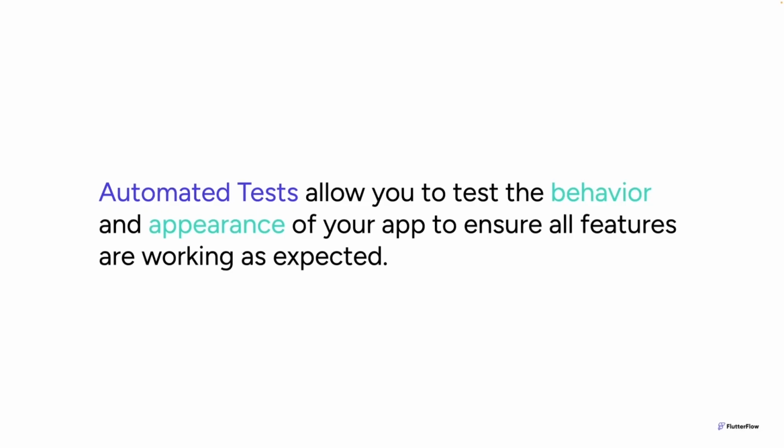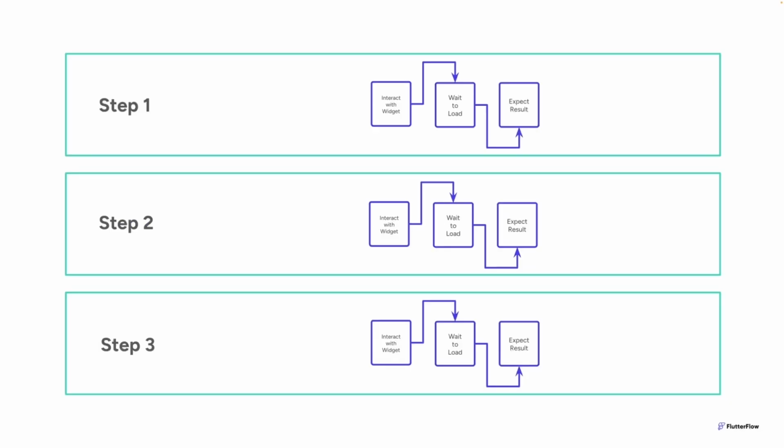Before you add and run any test, it's important to understand the workflow. In FlutterFlow, you will create automated tests in a series of steps. Just think you want to test your app manually. Then map out a series of steps that you do to dictate how the test should engage with the app.